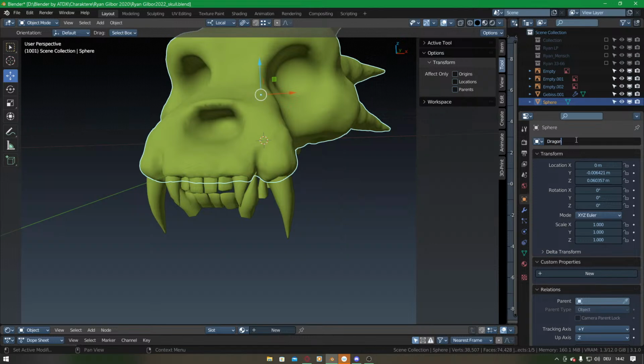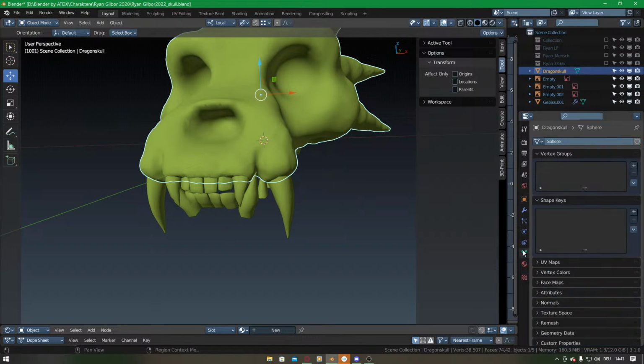Not Dragoon, Dragon Skull, because the Dragoon is the name of the animal. It's a dragon that can transform into a human. It's born as a dragon and has this ability to survive better.